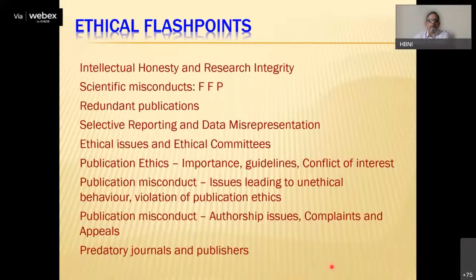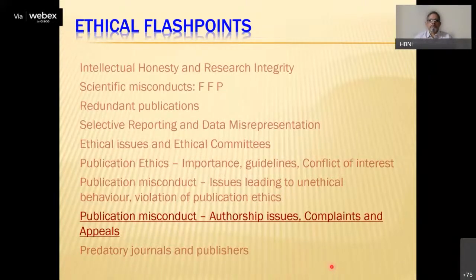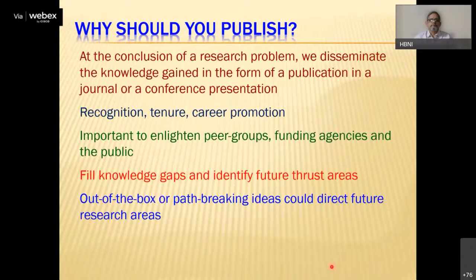So now we come to the next point which I wanted to discuss, which is on authorship issues. Authorship happens to be a fairly important thing regarding publication of scientific results. So I show you my earlier slide once more.